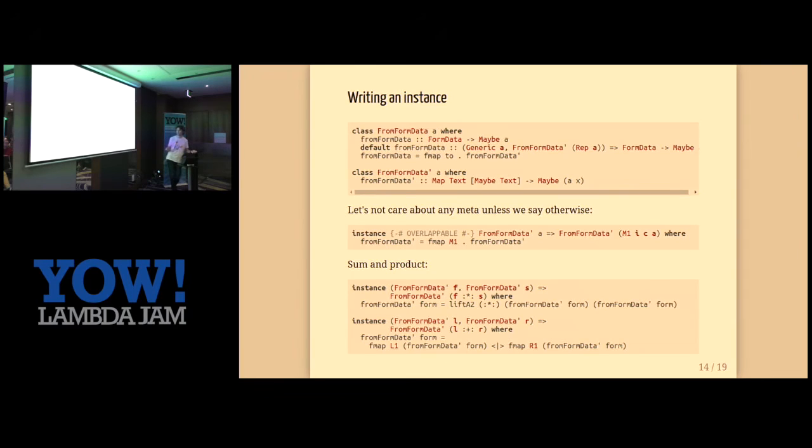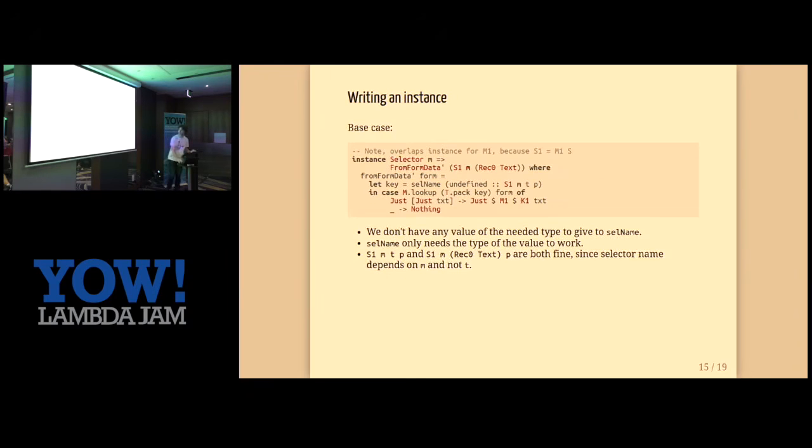For sum, let's try parsing the first one, or let's try parsing the second one. On the first one, let's put the left selector, on the right one, let's put the right selector, and that's how we construct the representation. And finally, the base case, which is we need to parse a single value which has a selector.